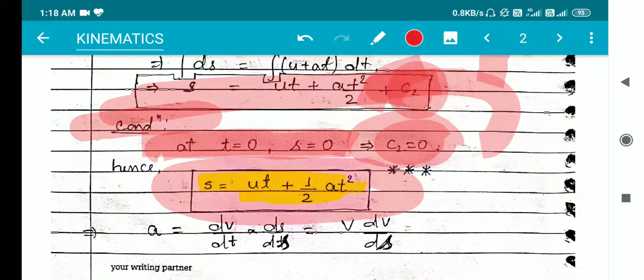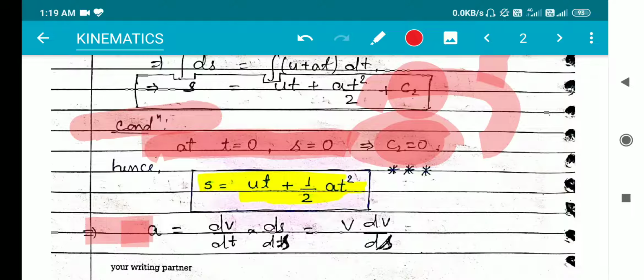Again, as we know, acceleration is equal to dv by dt. I can multiply and divide by ds, so again the value will be the same.